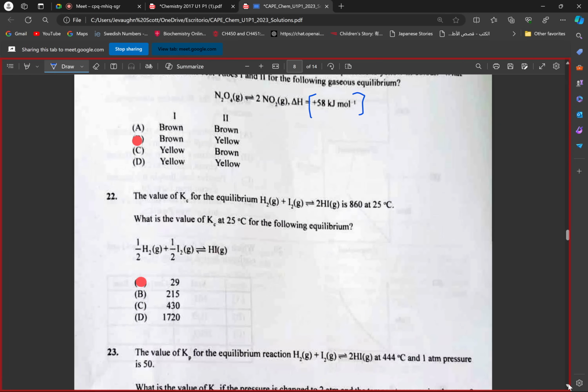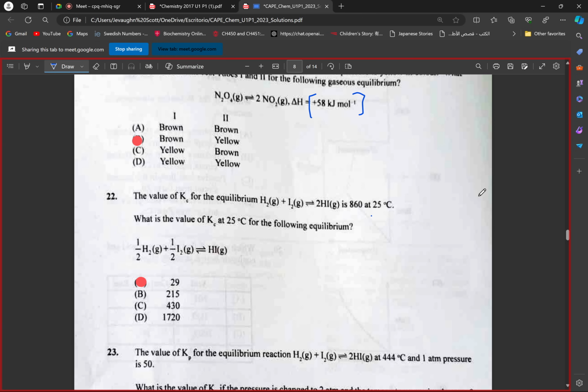For this equation now, what we do is, all right, how did we get the 29? So the Kc value of that is that. What is the value of the Kc at 25 degrees Celsius for this reaction? What we're basically doing is halving everything in order to get the general equation here. So if the value of the Kc is that, then we'll have to look for the new value of the Kc at 25 degrees Celsius with that reaction there.